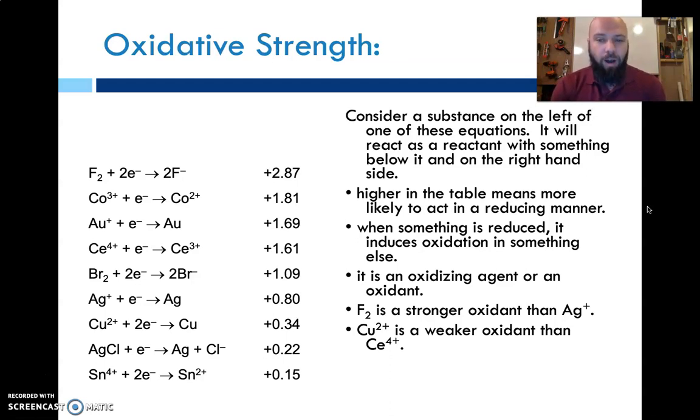Thus, it is an oxidizing agent or oxidant. Here you can look at the relative strength and say something like the fluorine gas is a stronger oxidant than the silver ion because it's higher up in this table. Or you could say the copper ion is a weaker oxidant than the cerium ion because it is lower in this table.